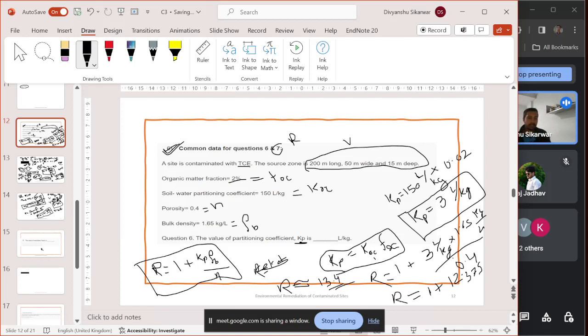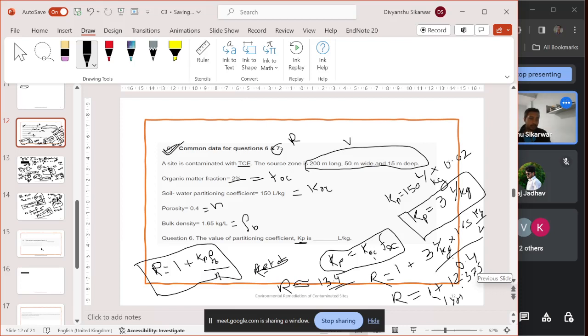So if we try to understand this retardation factor, like 1 plus 12.375. If we take this one as 1 year, because this part is the adsorption part, right?